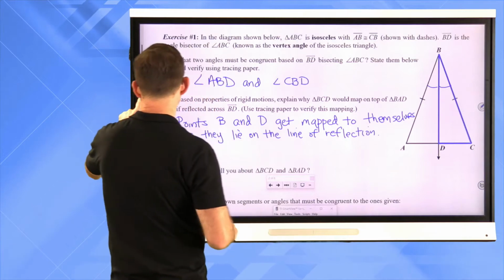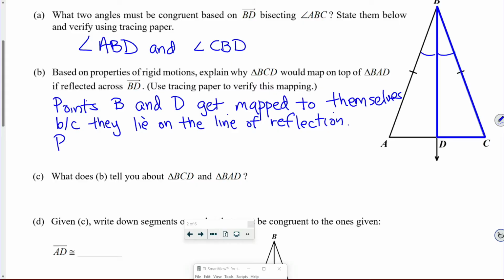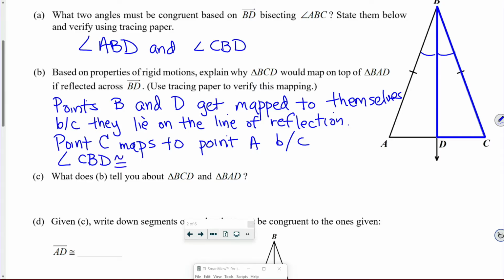Now I'm going to summarize all of that by saying point C maps to point A because angle CBD is congruent to angle ABD, and this is critical, and because BC is congruent to BA.